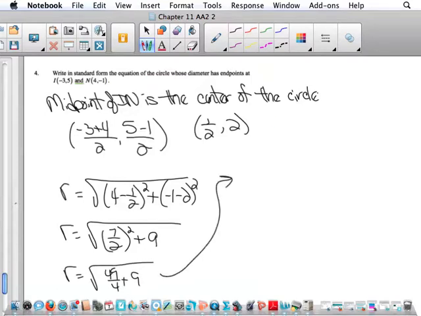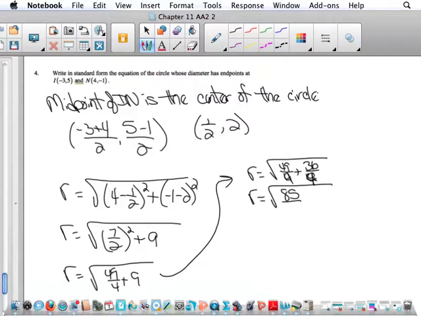The radius is equal to the square root of 49/4 plus 36/4. So the radius is equal to the square root of 85/4. Actually, that's fourths, I'm sorry.